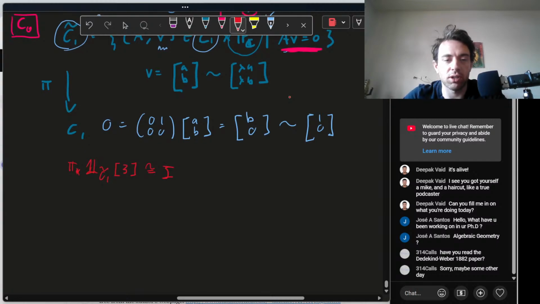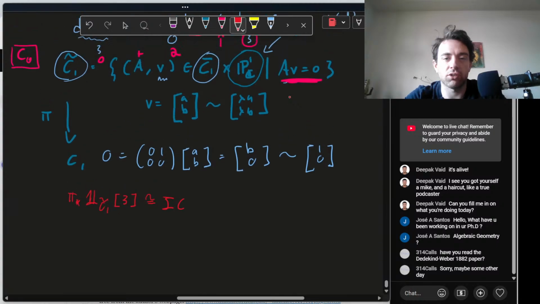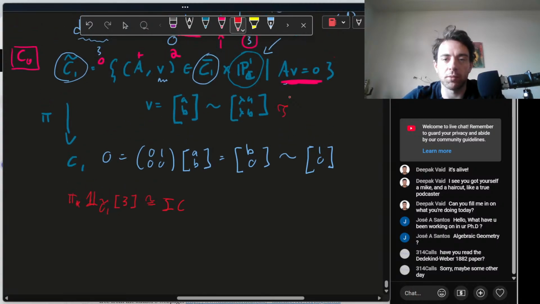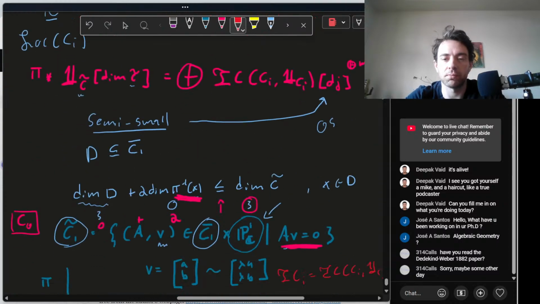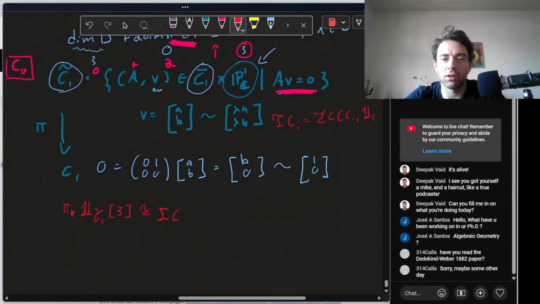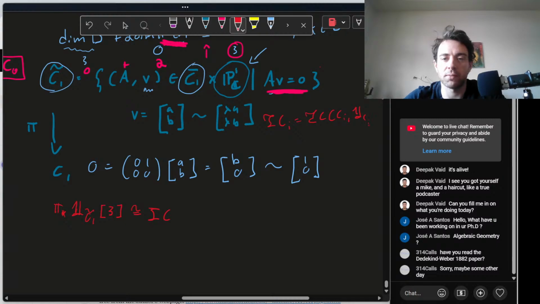So there's just going to be IC. So as a shorthand, let me write ICI to mean IC of CI, constant sheaf on CI.